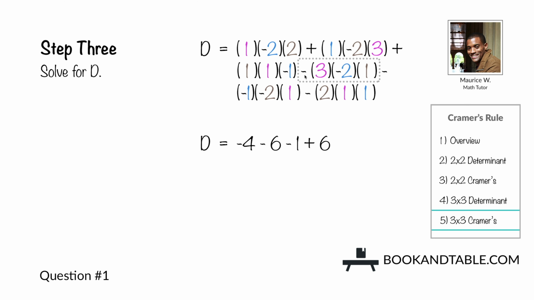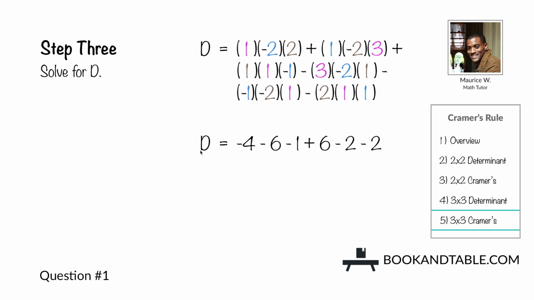And we have -1 times 3 is -3, times -2 is +6, times 1 is +6. -1 times -1 is +1, times -2 is -2, times 1 is -2. -1 times 2 is -2, times 1 is -2, times 1 is -2.